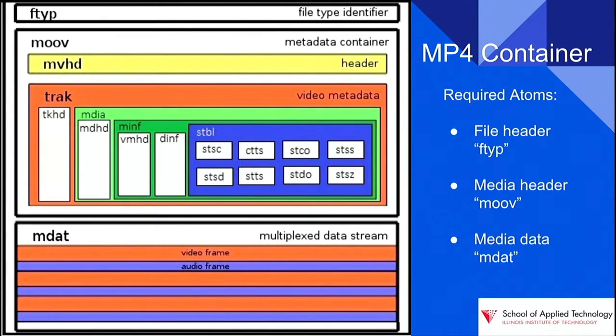And then we finally get to the sample table, which contains more metadata to know how to handle the video file. One in particular that I'm going to point out is STCO, because we will be talking about it later on. This is an atom that determines the chunk offset, so the start of the media samples.